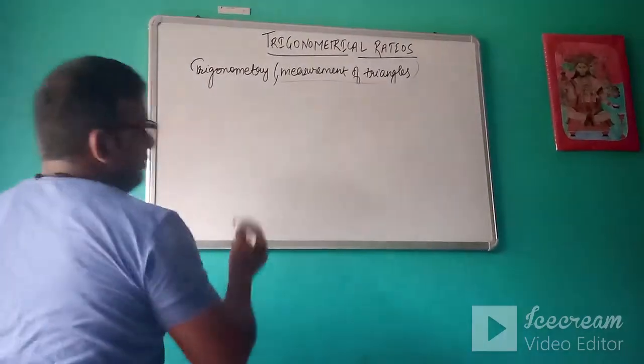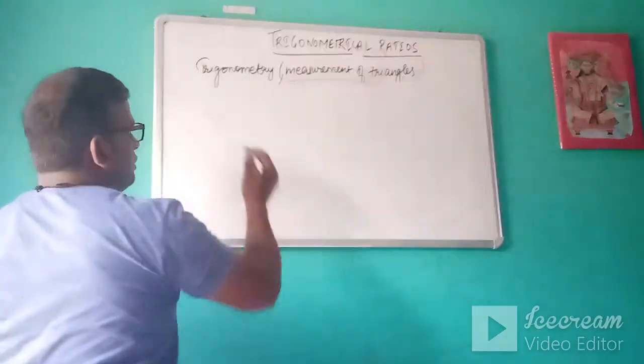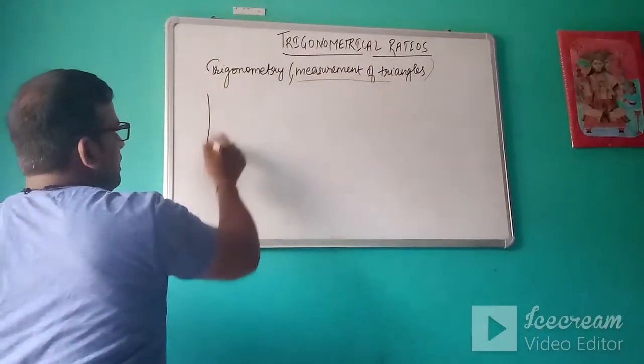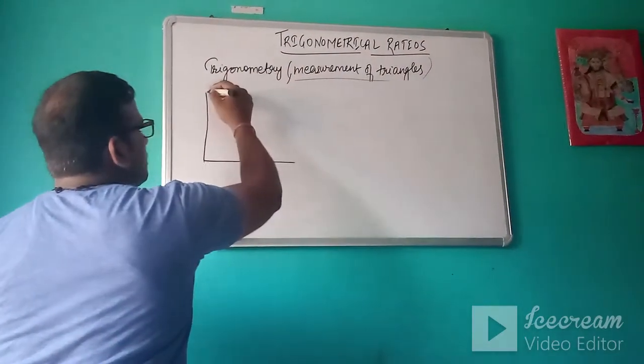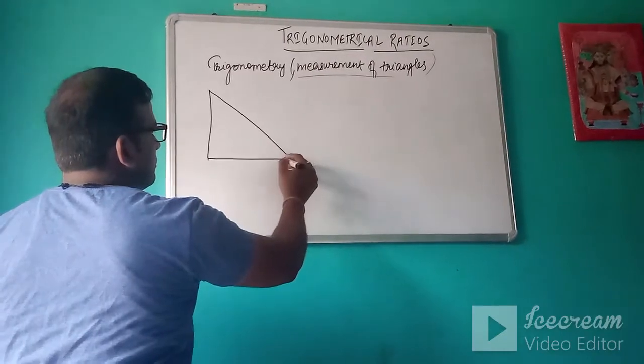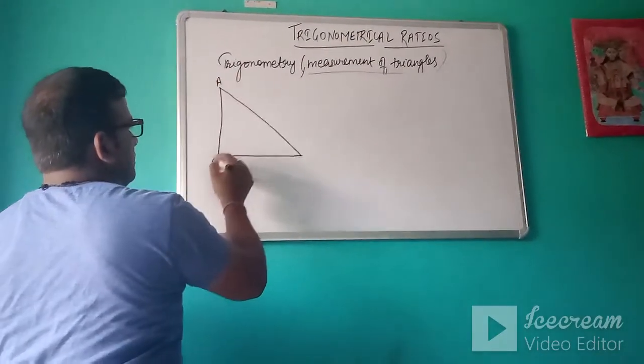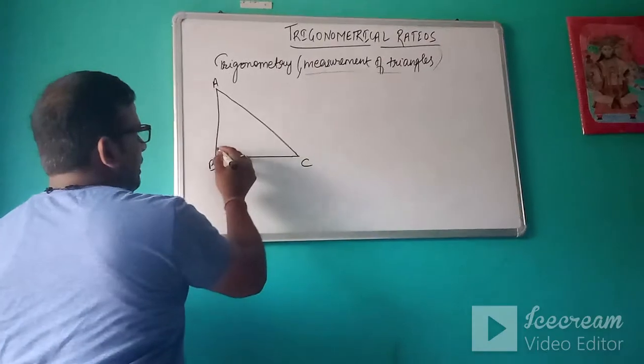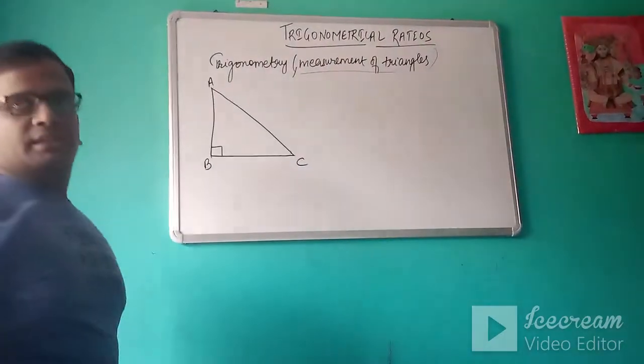So whenever we study trigonometry, we will deal with the right angle triangle. Suppose this is the right angle triangle I have taken. This is A, this is B and this is C. Let this angle be 90 degrees.